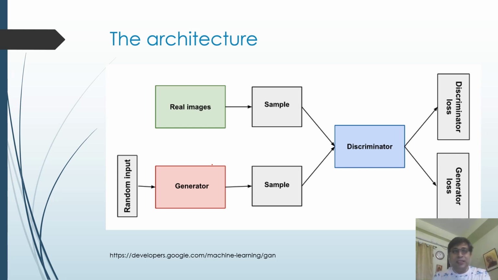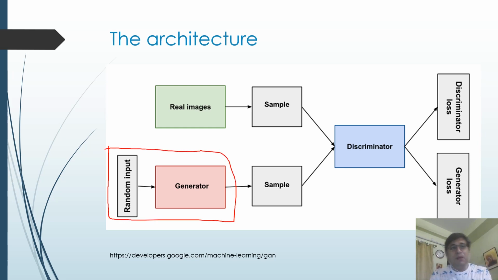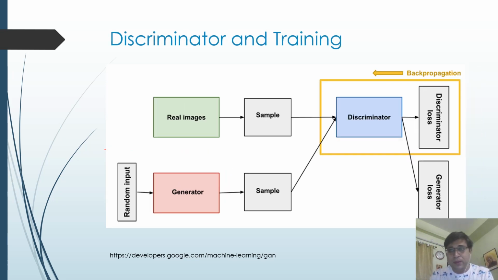Once the GAN model is trained, the only part that you are going to use for creating samples is just the generator, because now the generator already has the capability of generating very realistic samples, and you don't need the discriminator part.